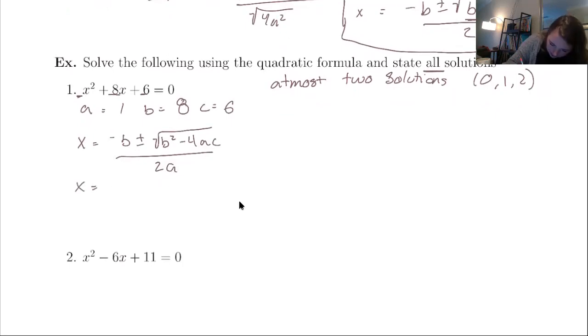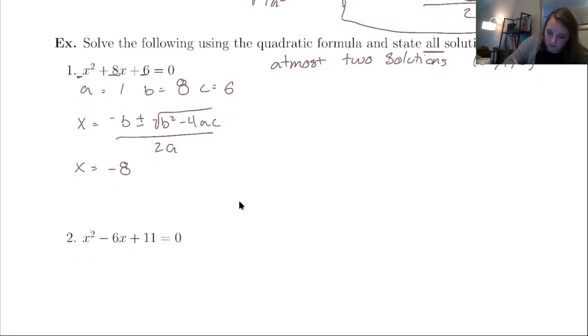So I'm going to have negative 8. It's very common if there's ever a negative involved right here, kind of like this 6, people forget to make it negative, right? So negative 8 plus or minus the square root of 8 squared minus 4 times 1 times 6, all over 2 times 1.